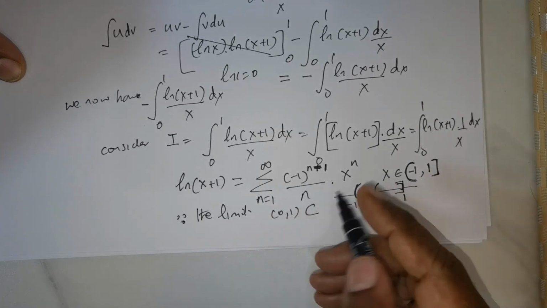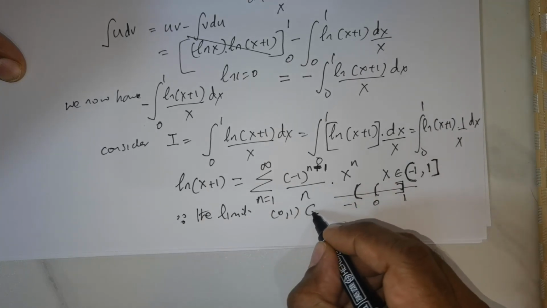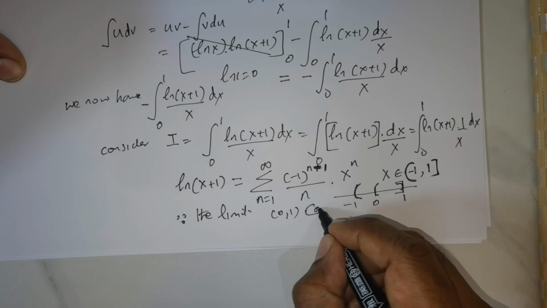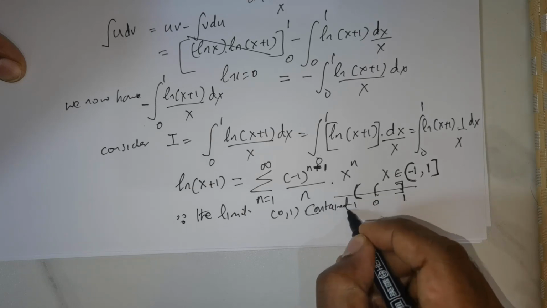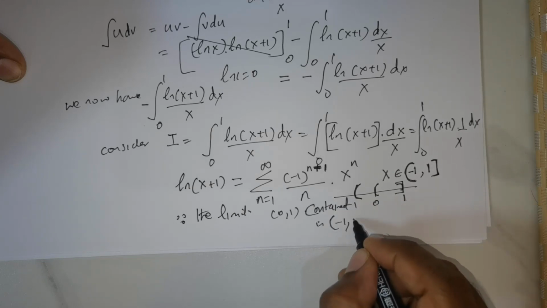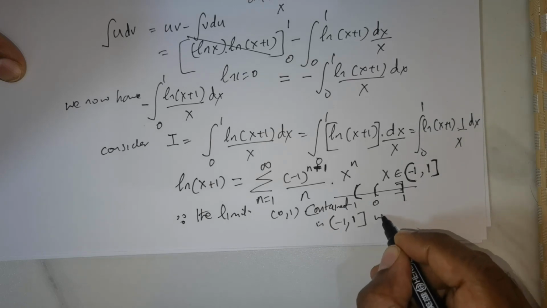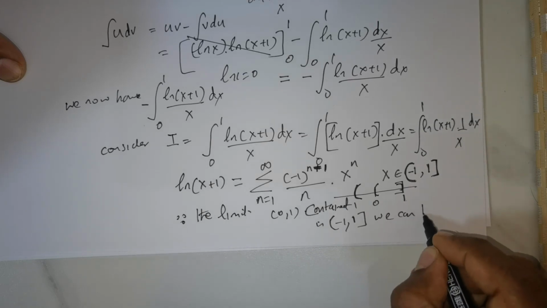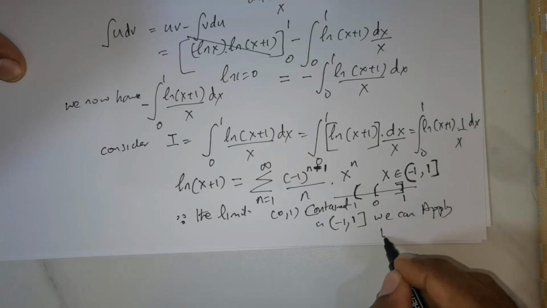Right, now since the limit is contained in negative 1 comma 1, we can apply the expansion.